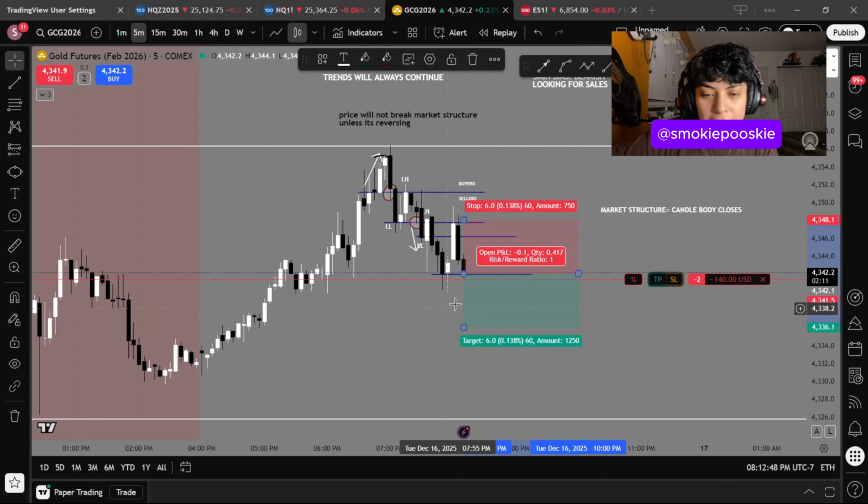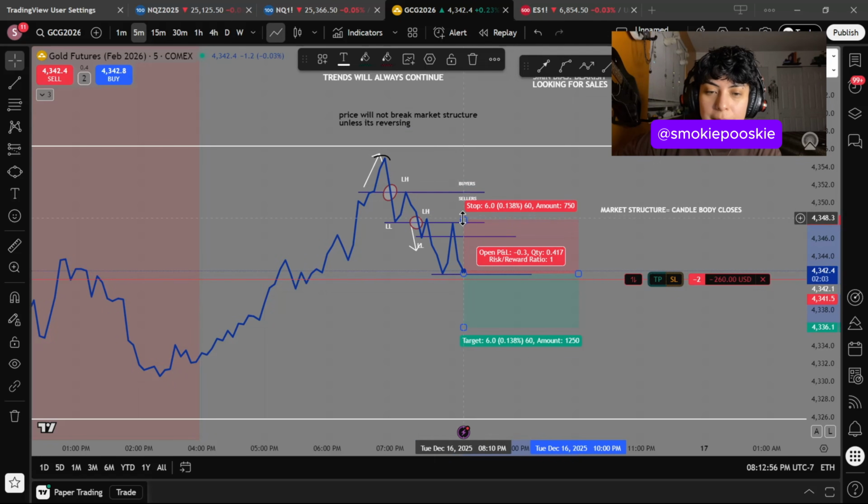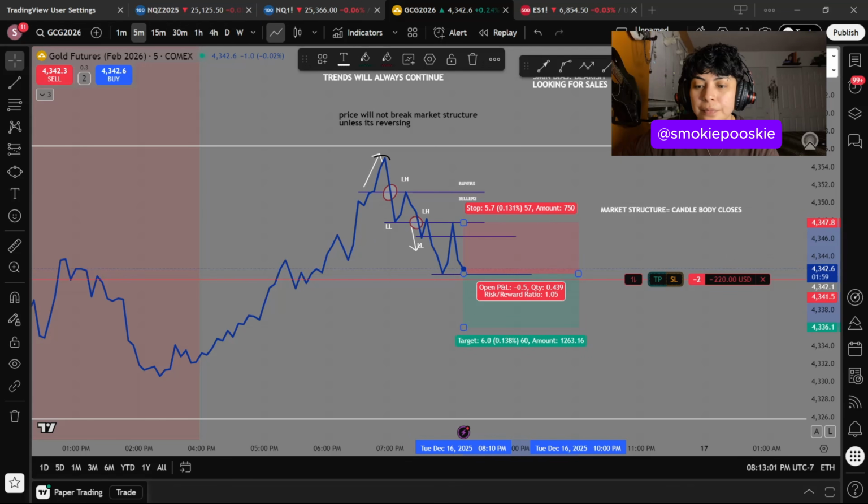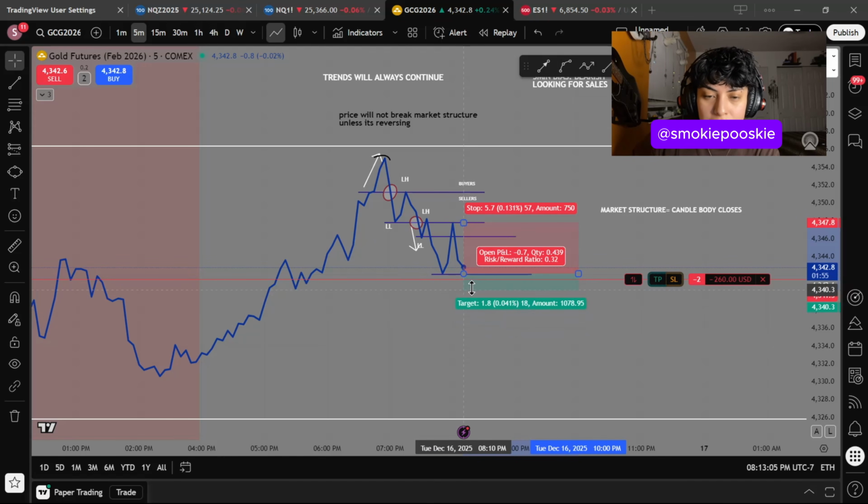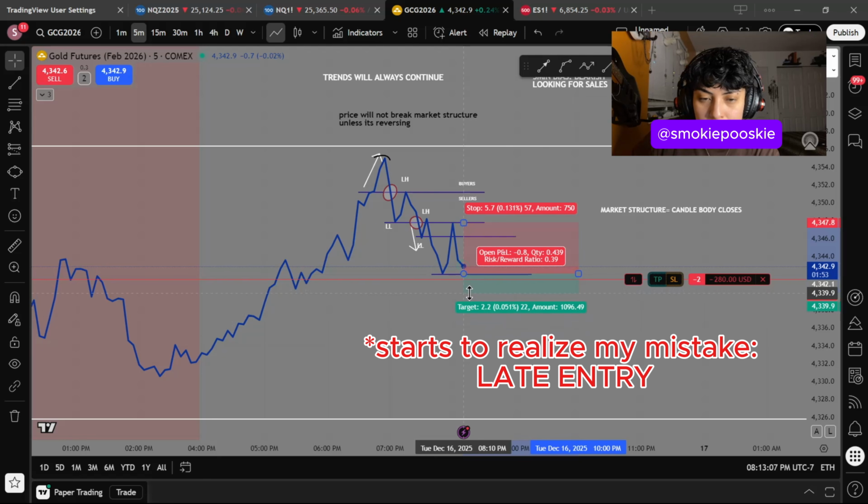We got in a little late. And then right here, this is going to be our stop loss. And then this is going to be our, where are we at?